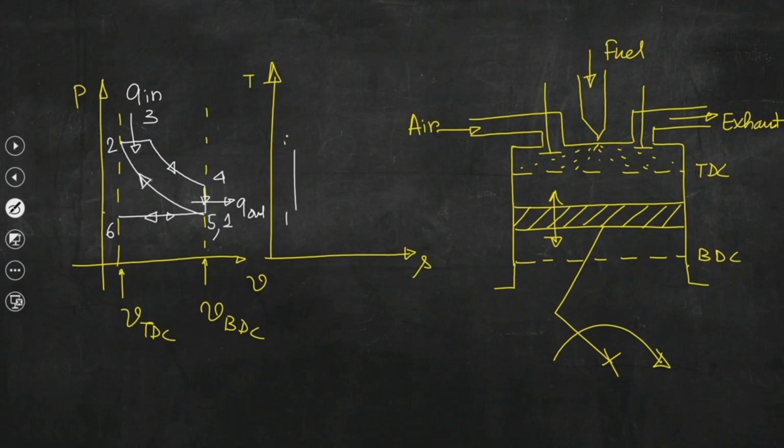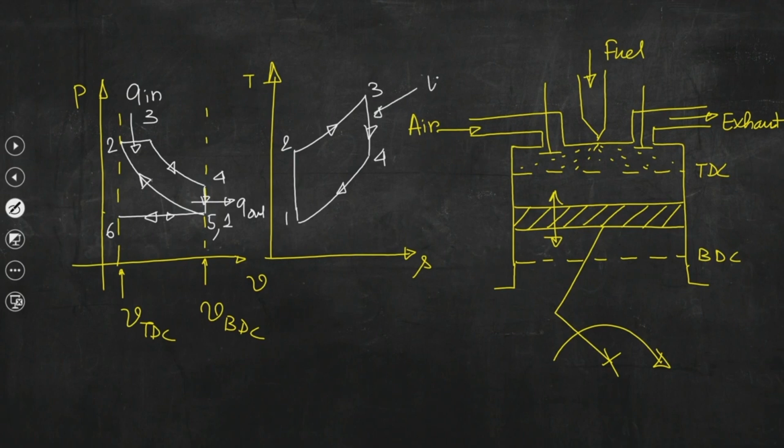So, 1 to 2, 3 to 4. 3 to 4 is again isentropic expansion, 1 to 2 isentropic compression and 3 to 4 isentropic expansion.